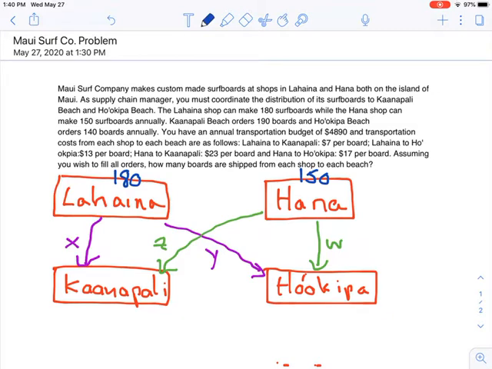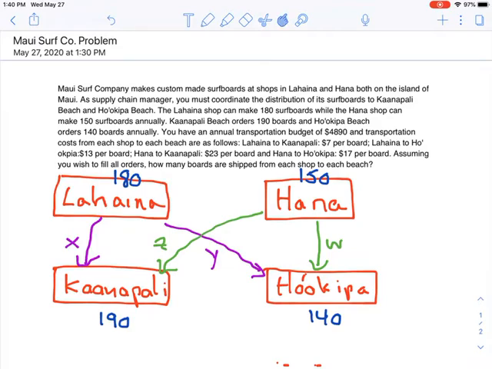That's how many Hana can make. Kaanapali Beach orders 190, so we want 190 going down here. And it looks like Hukipa has 140. All right, so that information is going to get us our first 4 equations.